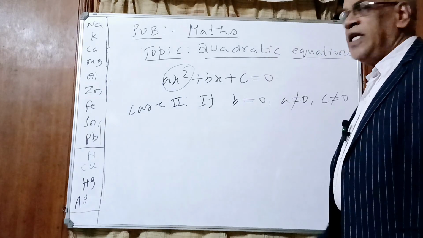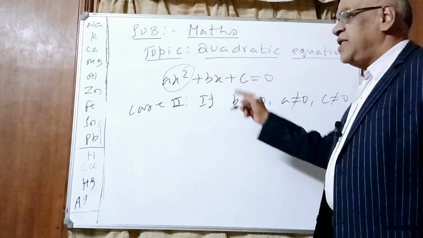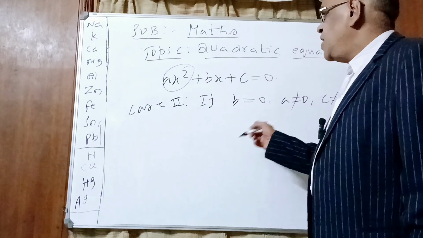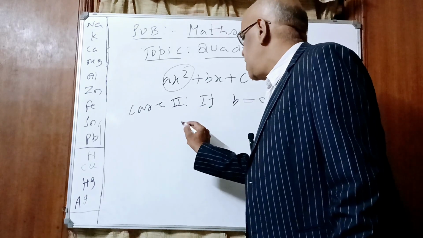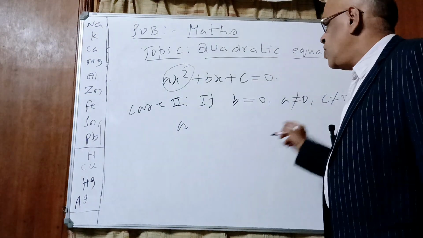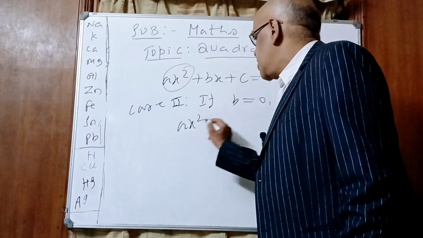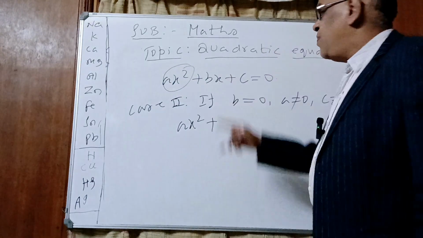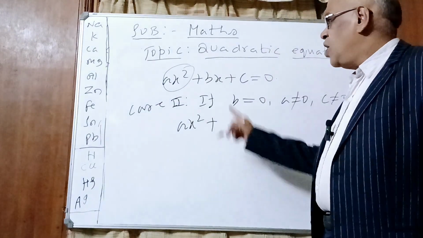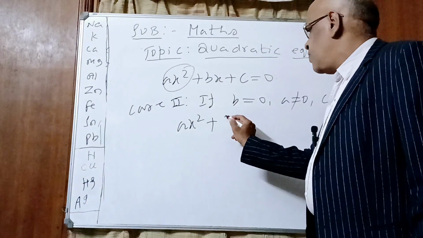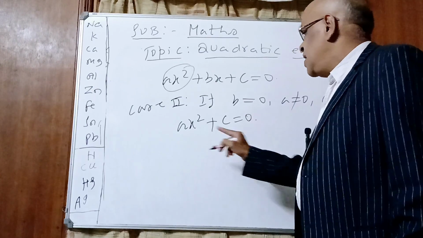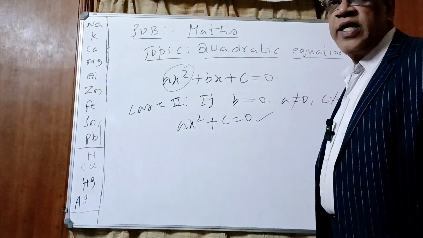First I did a is equal to 0, meaning b and c are not equal to 0. If b is equal to 0, what will happen, children? What condition have we put? a is not equal to 0. ax square remains. Now bx will vanish because the x coefficient b is 0. It gets reduced to what, children? ax square plus c.